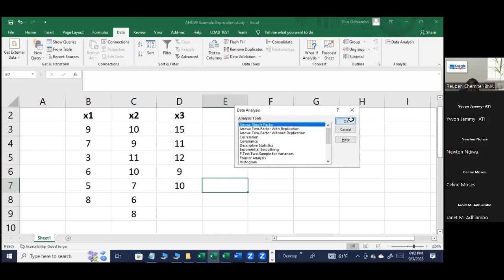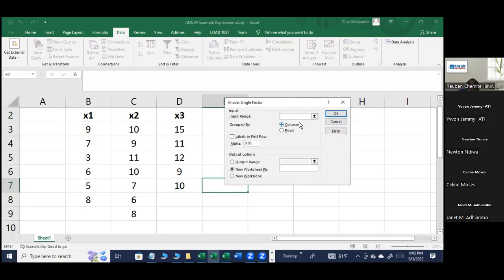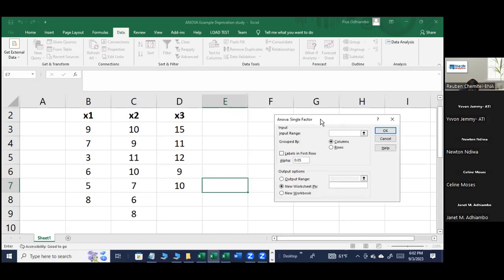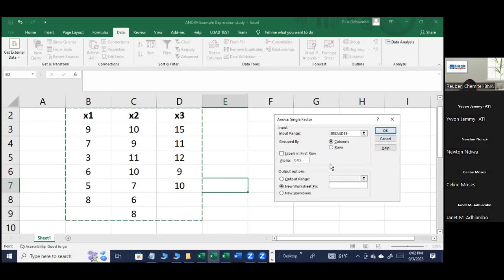Then you click OK. Once you click OK, what we need is the input range. We will select the whole data, from the label of the first data set to the last. So I'll select like this. You can see here that my input is B2 through D9.